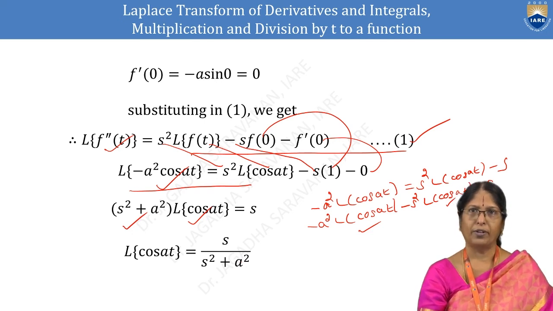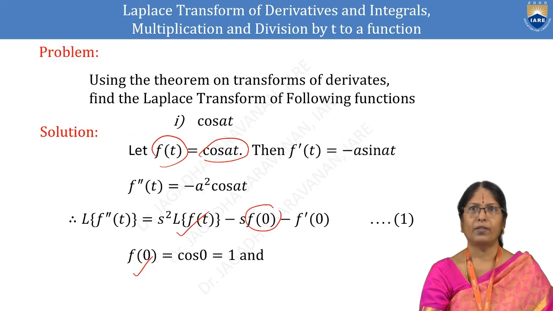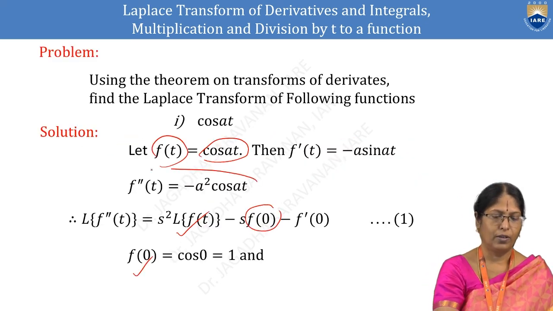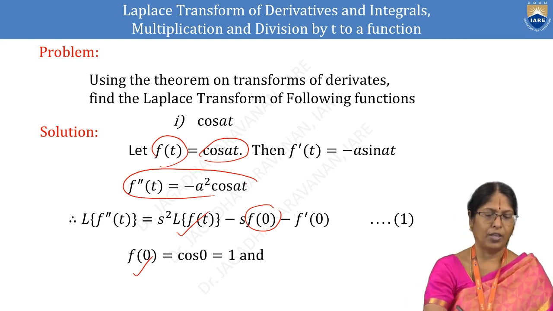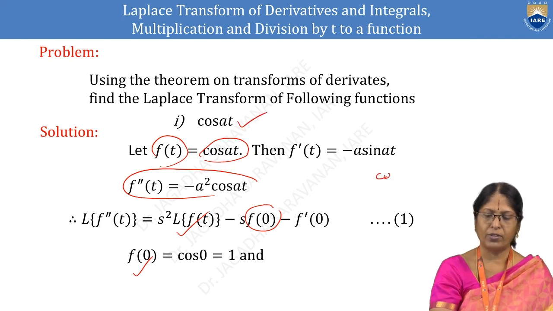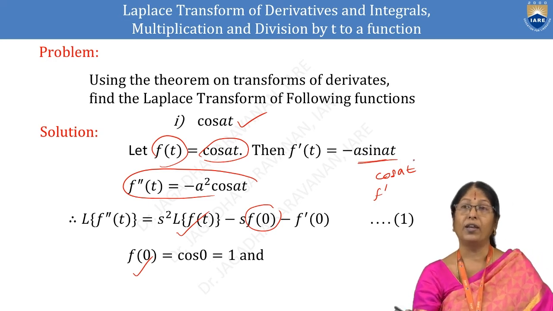So we got it. Now the doubt actually: why we stopped at only the second derivative. The reason is the question is given as cos at. The first time we did the differentiation, we got the trigonometric function in terms of sine.